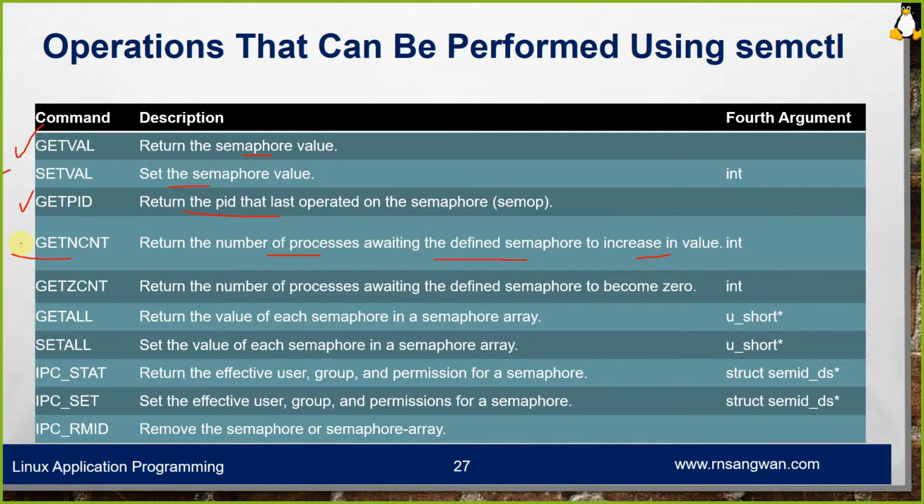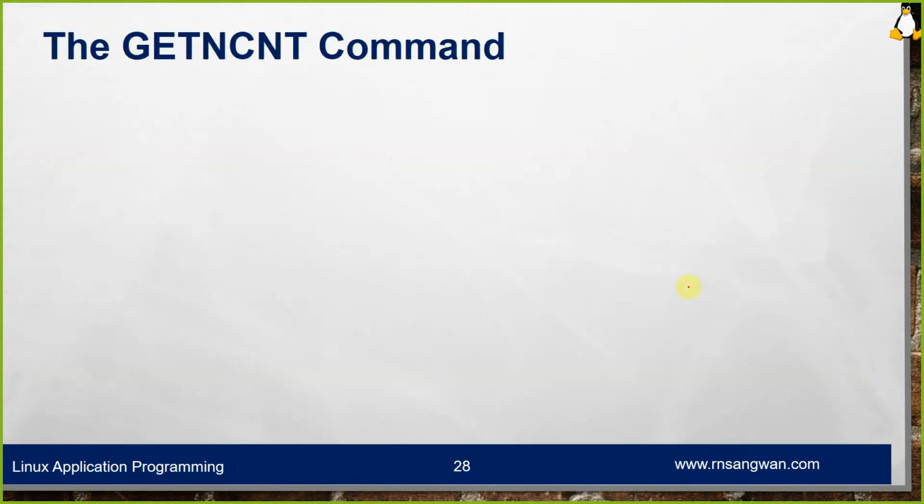It should be integer, that is the fourth argument should be integer. Then get ZCNT, number of processes awaiting the defined semaphore to become 0. So these are the operations that are allowed to be performed using semctl on a given semaphore.